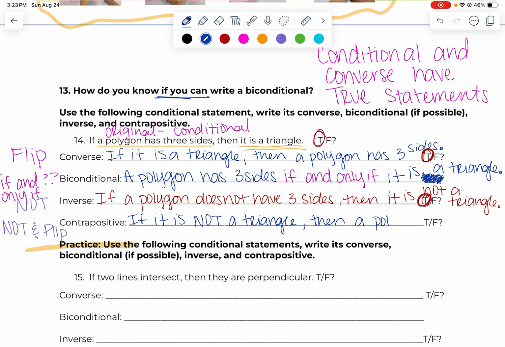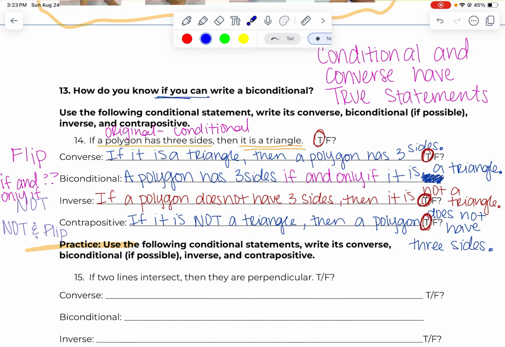A polygon does not have 3 sides. All right, is this statement true or false? This statement is true because our conditional statement is true, and contrapositive, they have the same truth value.